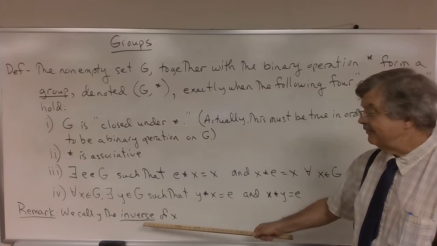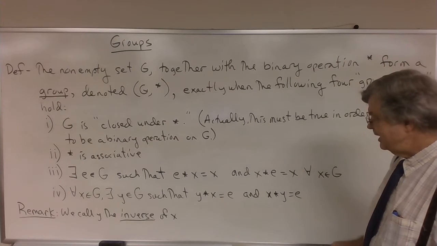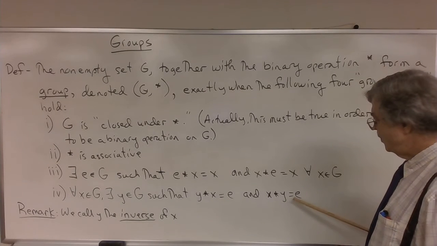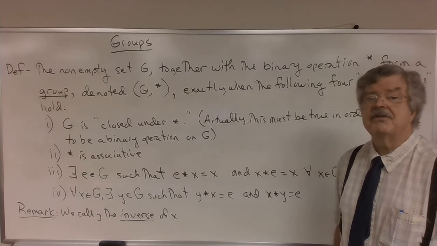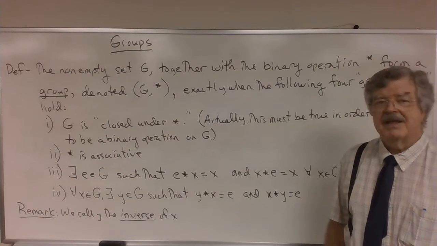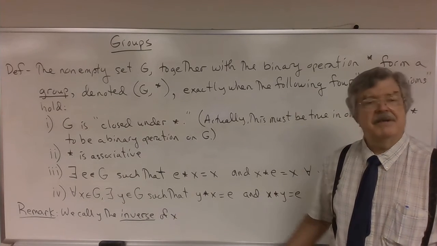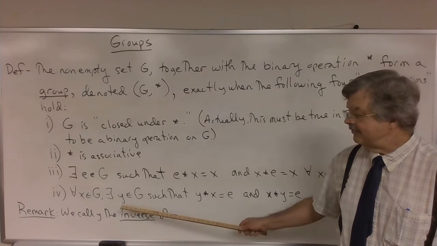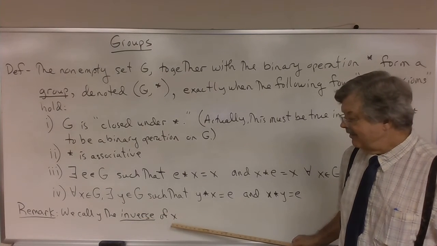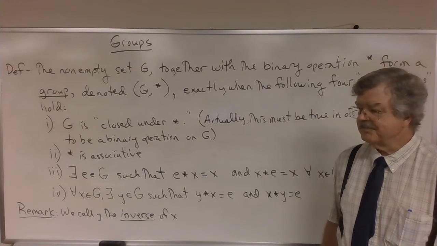But according to this same definition, if y star x is e and x star y is e, the identity, then x is also the inverse of y. So the elements of a group come in inverse pairs. If y is the inverse of x, then x is also going to be the inverse of y.